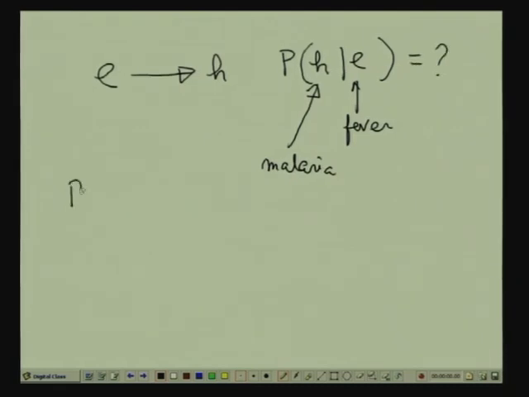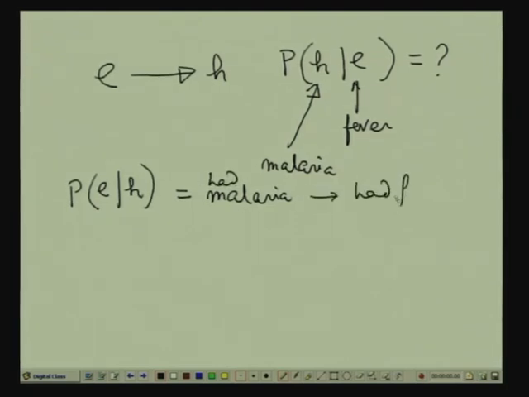Now, I know P of E given H. What does it mean? This means what is the probability that somebody who had malaria had fever also. Say how many times it happened?